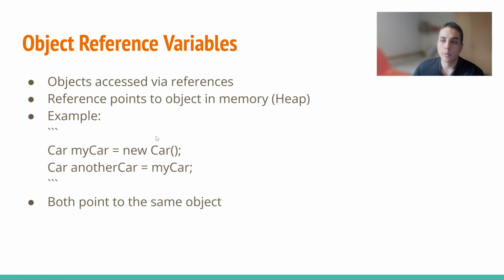For example, we have Car myCar, which is an object that comes from the Car class, and it is a reference variable that refers to a new Car object created on the heap. So when you assign another car as myCar, both reference variables point to the same object in memory. It's important to understand that variables of object types don't contain the object itself, but only a pointer to it. So when you have another car, it just points to myCar.